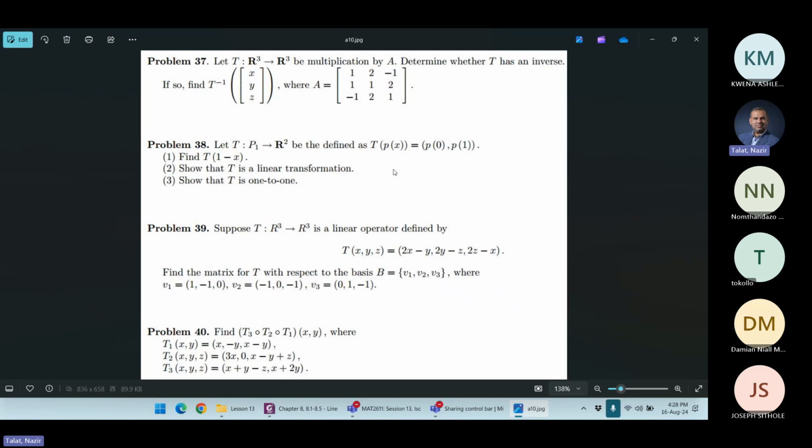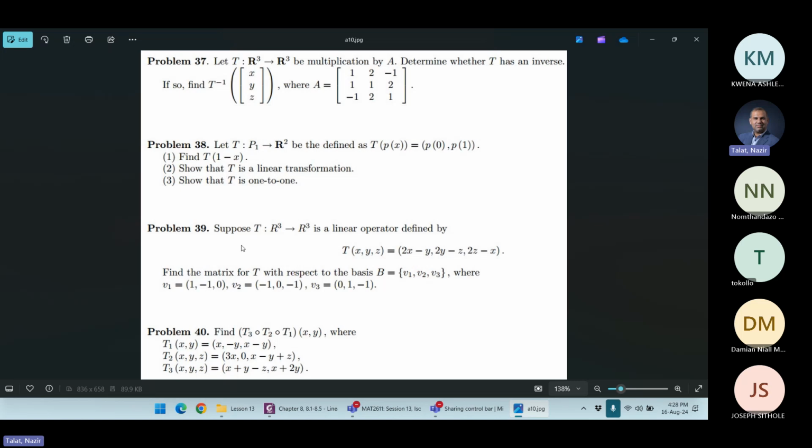Moreover, one can check whether this T is one-to-one or not. There are many criteria. One is that if T is one-to-one, then the kernel of T is equal to 0. It means T maps 0 only to 0. So one can apply this and obtain the results of that one.